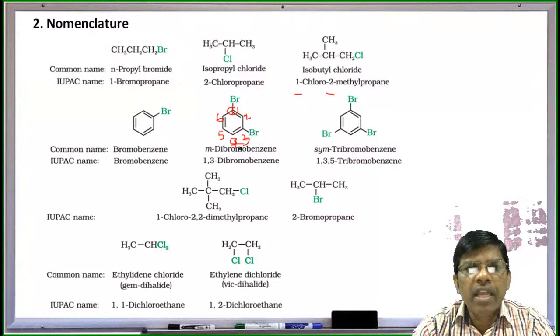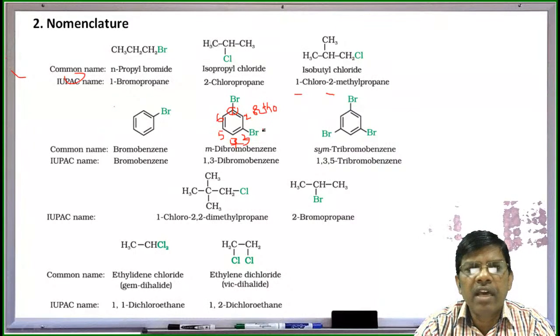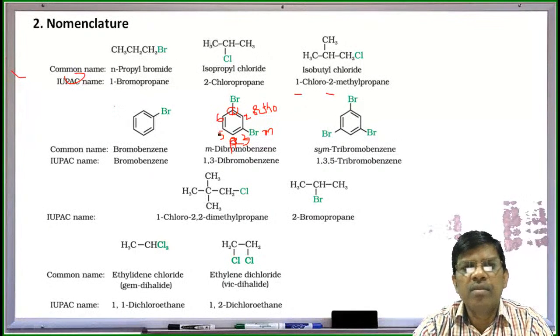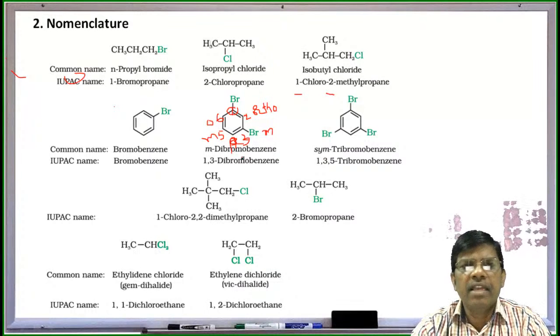In common names, this is the ortho position, and this is meta, this is para. So these are the positions. This is also meta, this is also ortho. Ortho, meta, para, OMP, right?